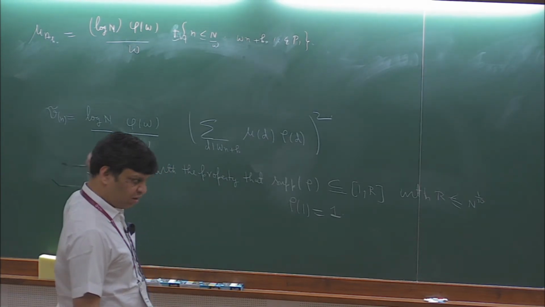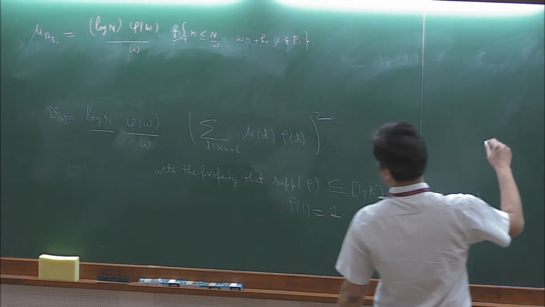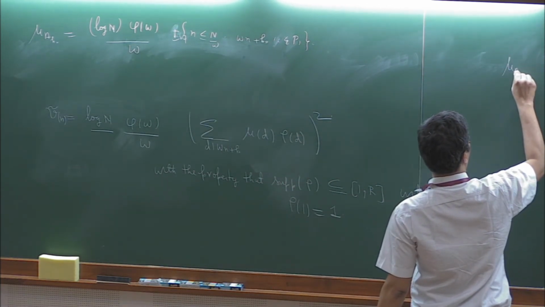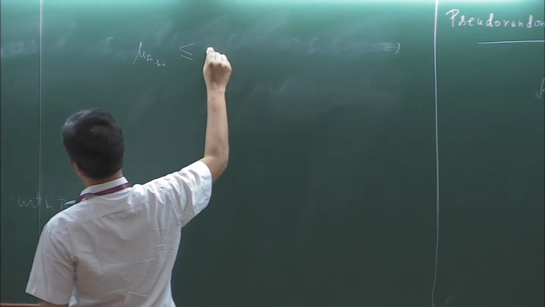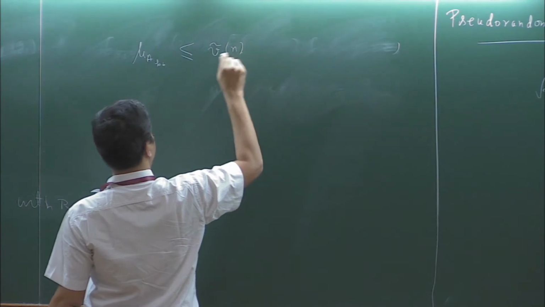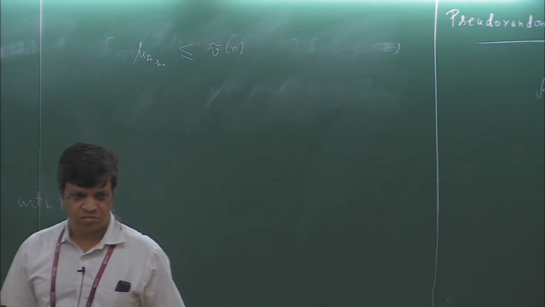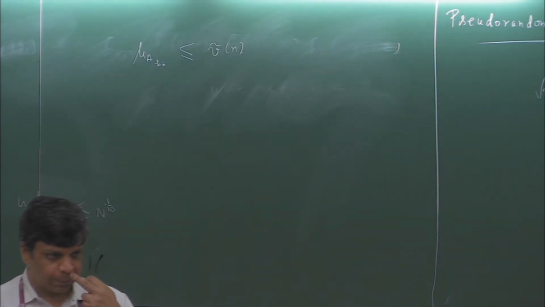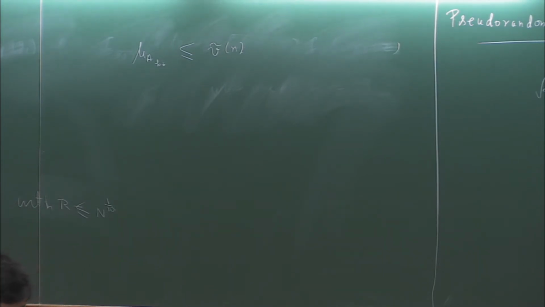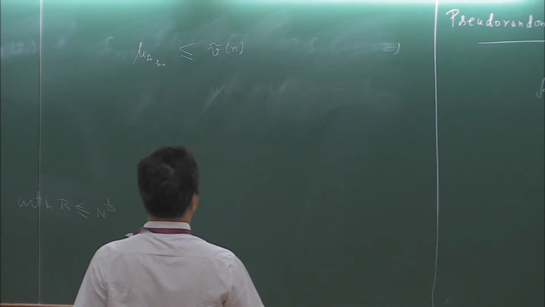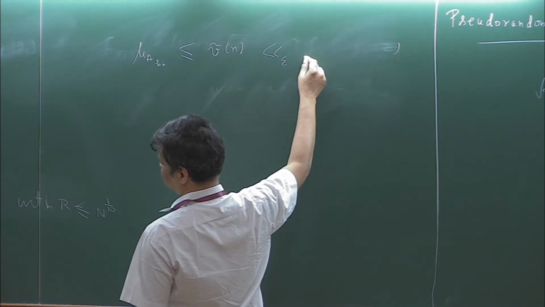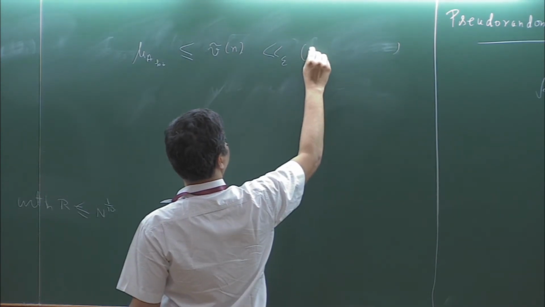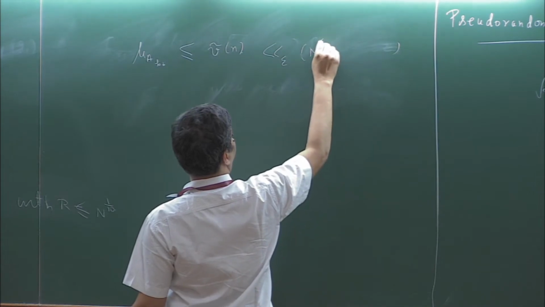Okay. So in other words, the construction immediately tells us that mu_{A,b_0} is less than or equal to v tilde n. And also this is less than n to the power epsilon.